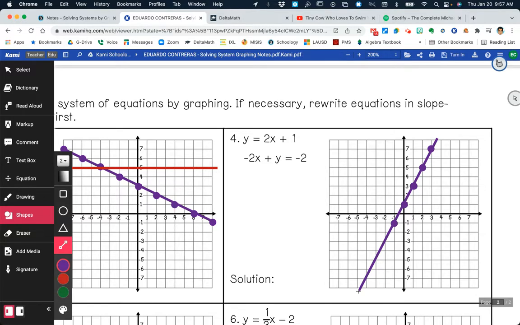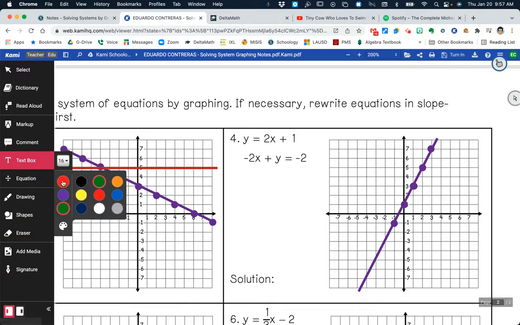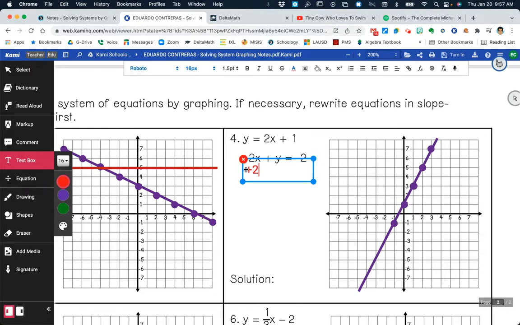Like I said, the second line we have to go ahead and rewrite. So let's do that. Back to the text tools. We want to get rid of this negative 2x, so let's add 2x.